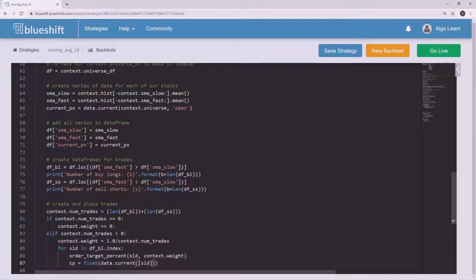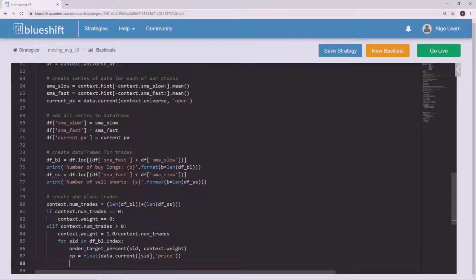Okay, so data current SID price. All I'm doing here is, once replacing the trade, I'm pulling the price immediately, so we can see what price we actually bought in. Okay, so I'm going to put print.